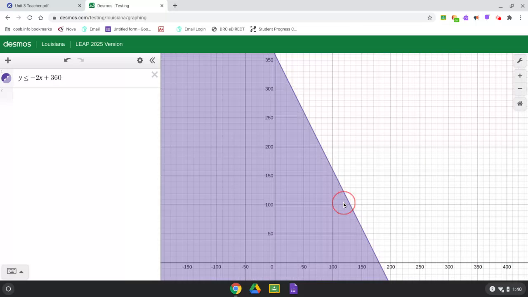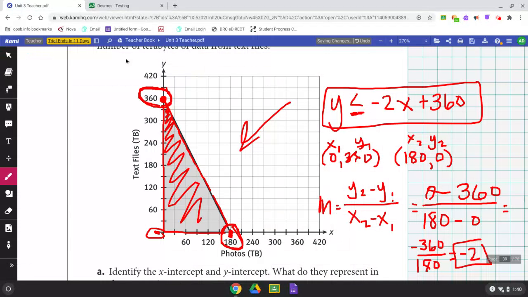So let's zoom out. I have a solid line that's intersecting at 360 and down here at about 180, solid line shaded to the left. Well, here's a graph, 360, 180, solid line shaded to the left. So my inequality is correct.